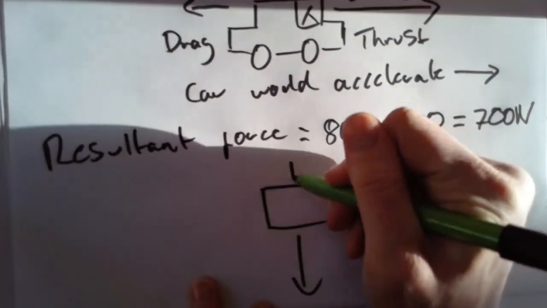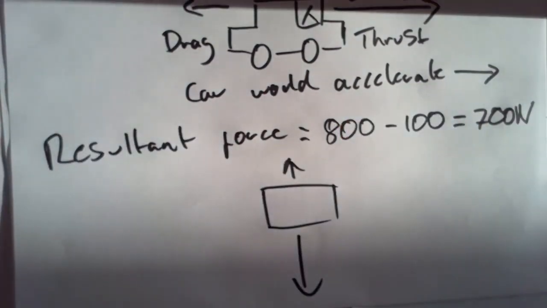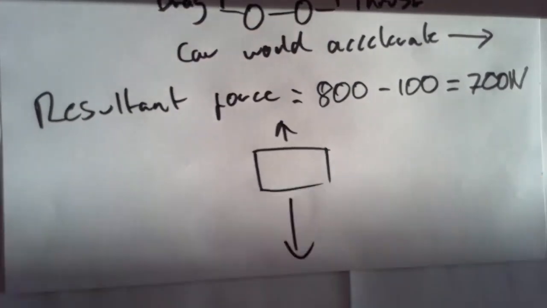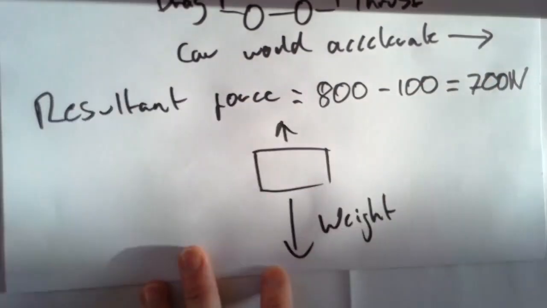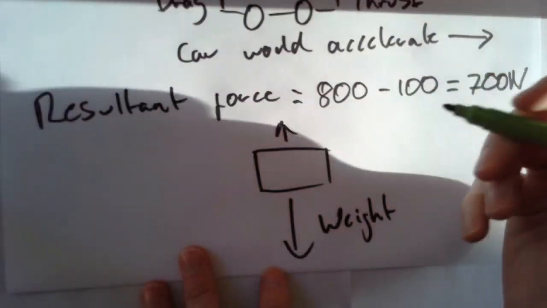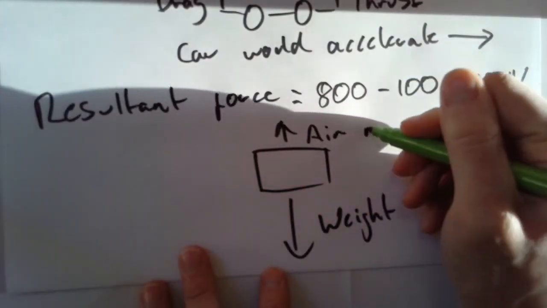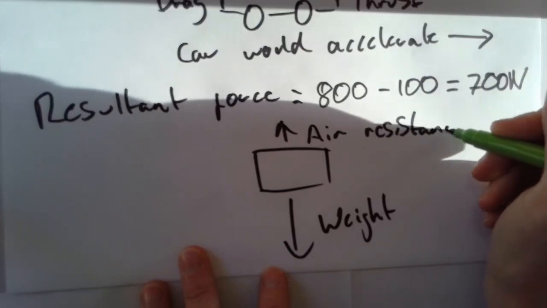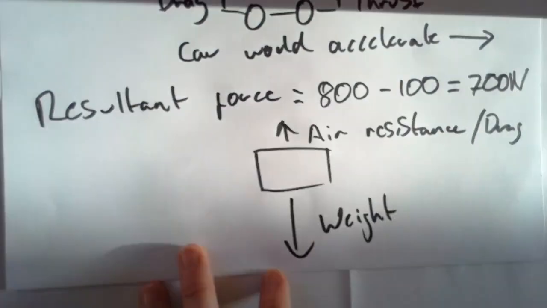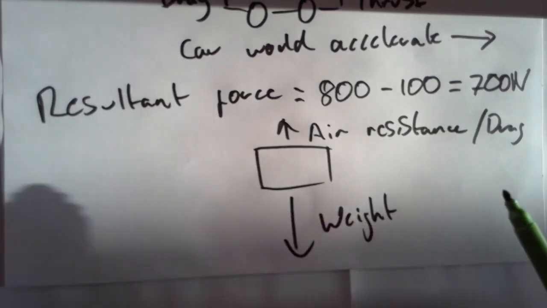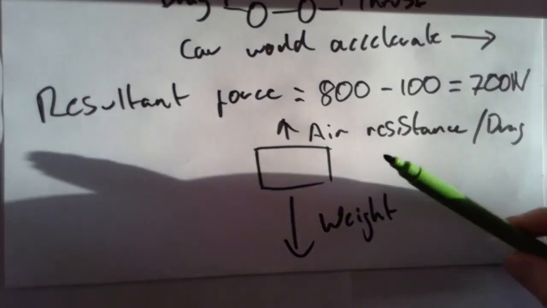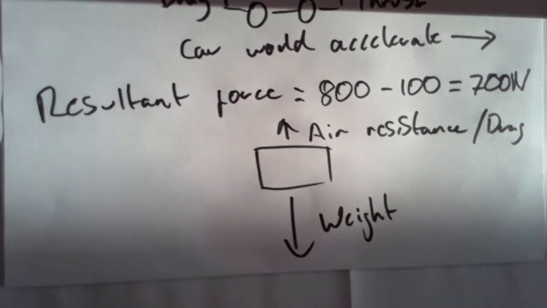Falling objects, things that are being pulled down by their weight, by gravity, have what's pushing back up on them as air resistance or drag. It's exactly the same as this here. My arrows are still showing which force is bigger, and then we can use that to work out which direction my object would be moving in.